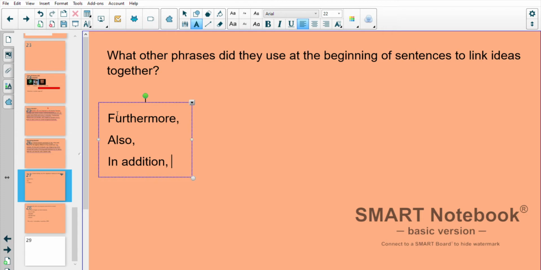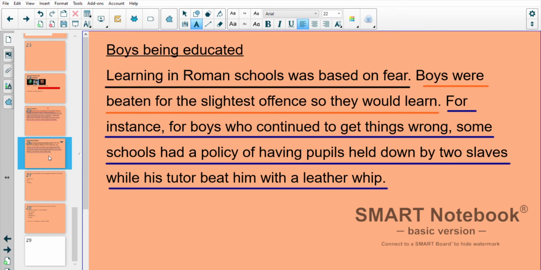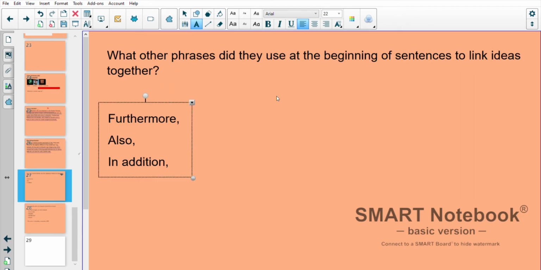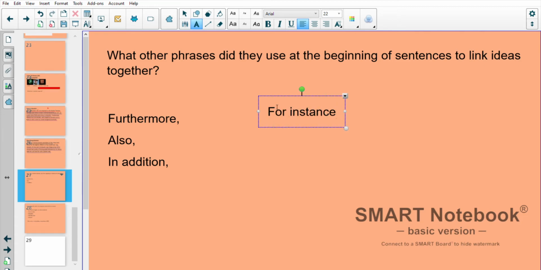Furthermore, also, in addition. There are also some other ones. There was for instance. For instance, so for example, it's saying, here's my fact, I'm going to give you another example, I'm going to give you more information. So you could put for instance or for example.